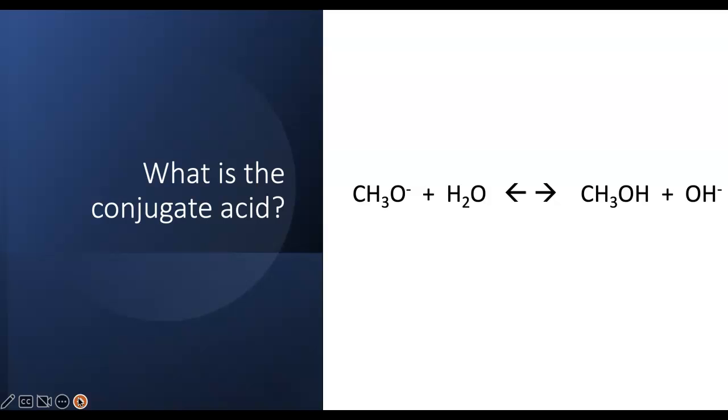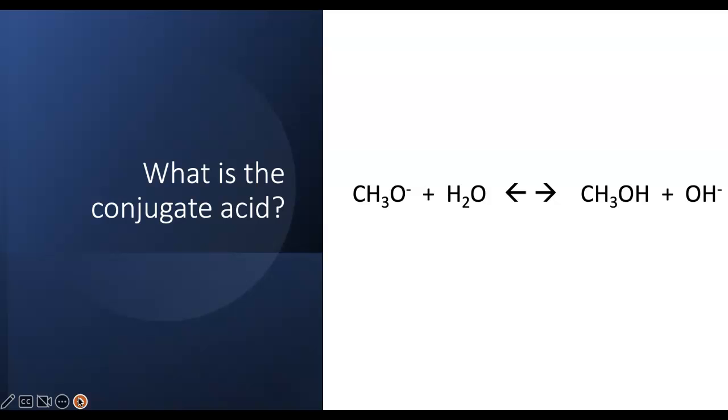All right, so how'd you do? First thing I'm looking for is, what's donating a hydrogen ion? Because Bronsted-Lowry and Arrhenius both agree on that. As I'm looking at that, the water is donating a hydrogen ion. It's becoming OH minus. CH3O minus is accepting a hydrogen ion, and Bronsted-Lowry says that anything that accepts a hydrogen ion is a base.